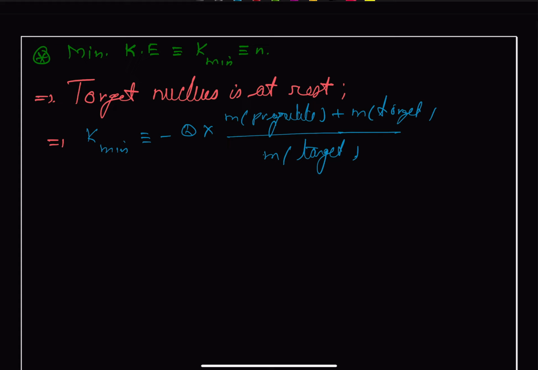So we substitute the values. Q we already know.